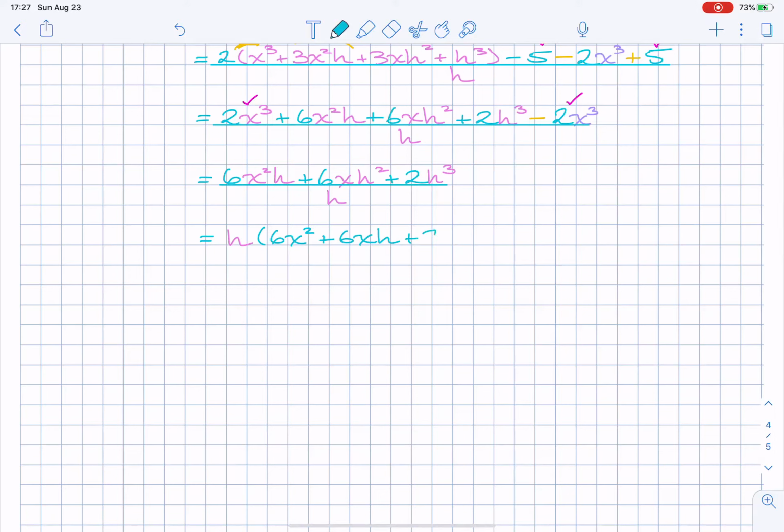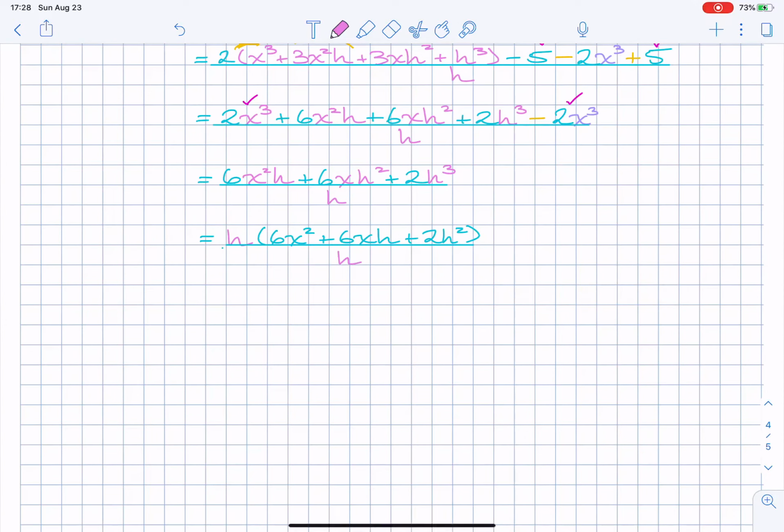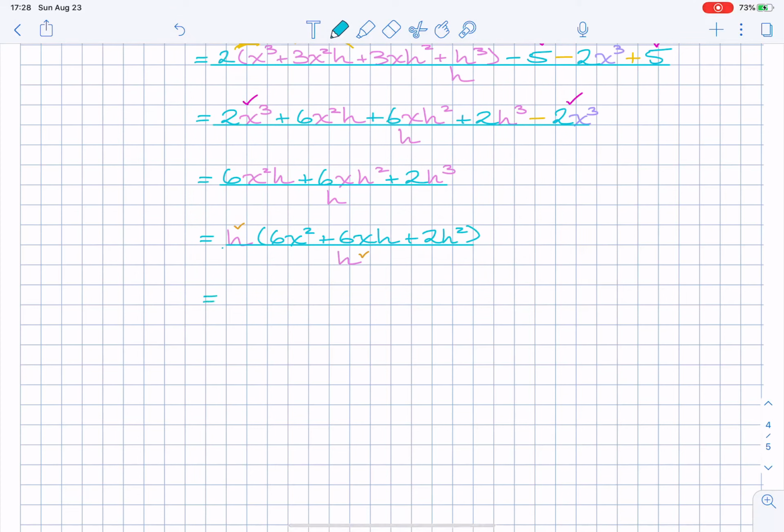And from the third term, a 2h squared. This is all divided by h. So the h's now reduce. And when all is said and done, this simplifies to simply 6x squared plus 6xh plus 2h squared.